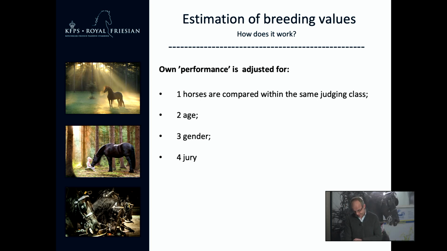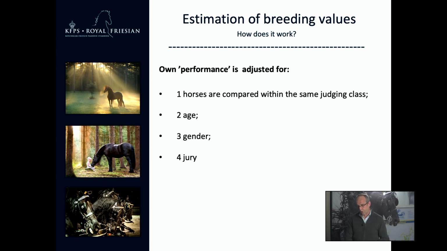The second is that we try to adjust all our phenotypical information, so our judging results, for factors that cause bias. So what we do in estimating breeding values is that we compare horses that have been judged in the same classes. That means that you compare horses that have been judged under exactly the same circumstances.